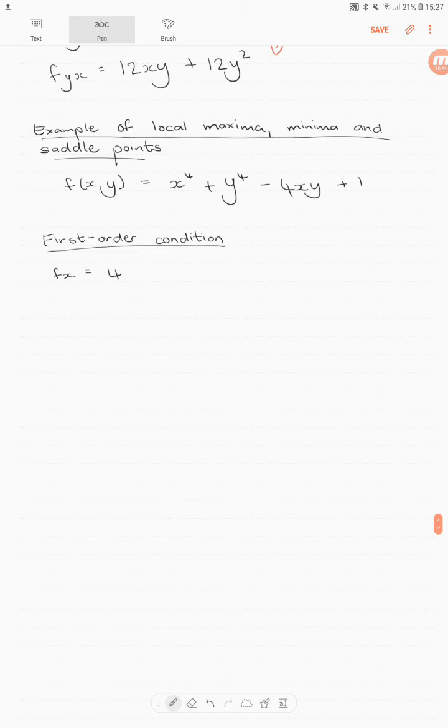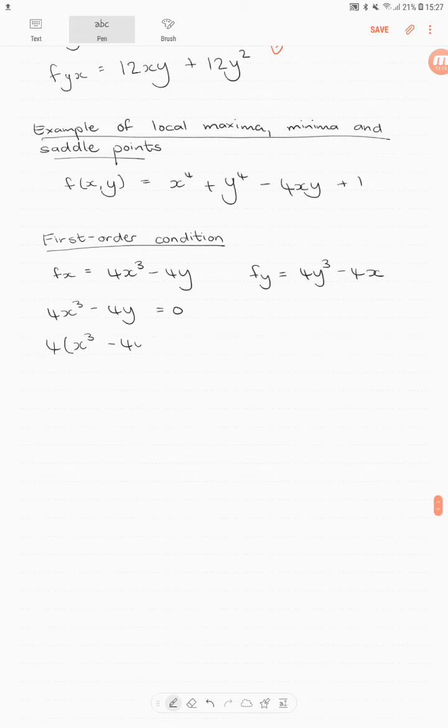This will be equal to 4x cubed minus 4y. And fy equals 4y cubed minus 4x. So both of these must be equal to 0. So 4x cubed minus 4y must be equal to 0. We can factor out 4, which means that x cubed must be equal to y.